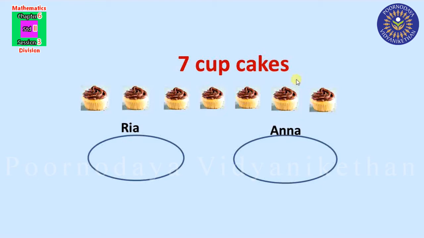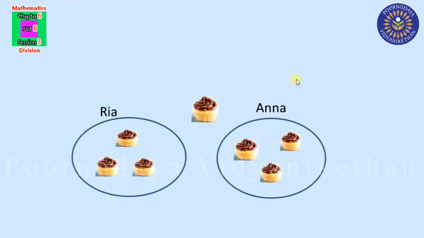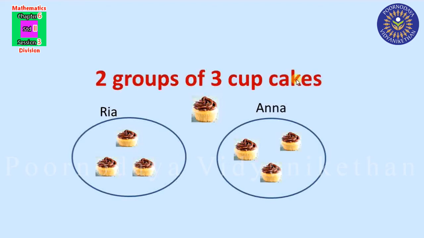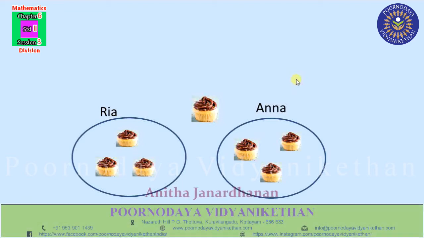What happened? Yes, first Ria took 3 cupcakes. See, like this. Then Anna also took 3 cupcakes. Now there are 2 groups of 3 cupcakes and 1 cupcake left over.